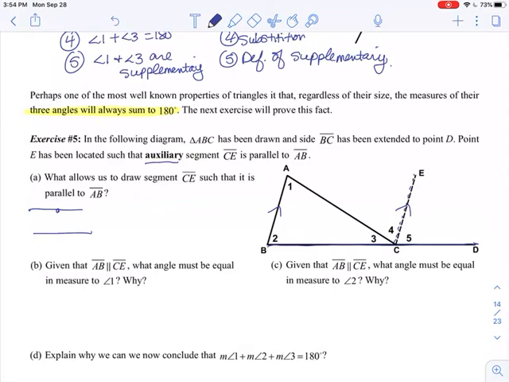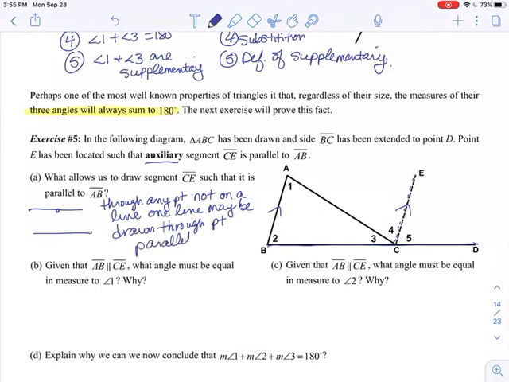So through any point not on a line, one line may be drawn through the point parallel to the original line.